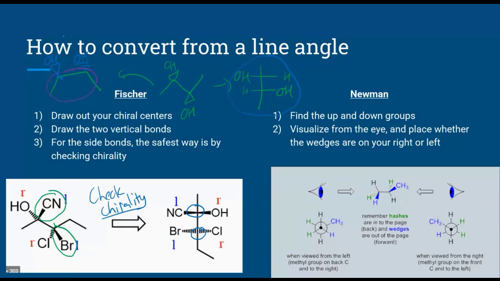The reason is, as I explained up here, we have to make sure that these groups right here are pointing downwards. Because they're both pointing upwards, if you wanted to convert it directly, you would have to draw it out like this, right? But once that happens, the BR actually becomes a wedge, and the CN stays a dash, because you're bringing this upwards.